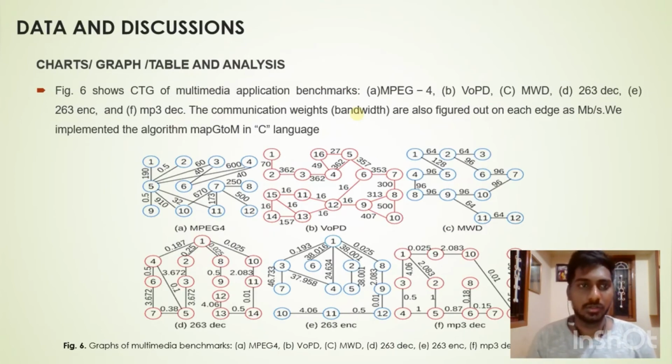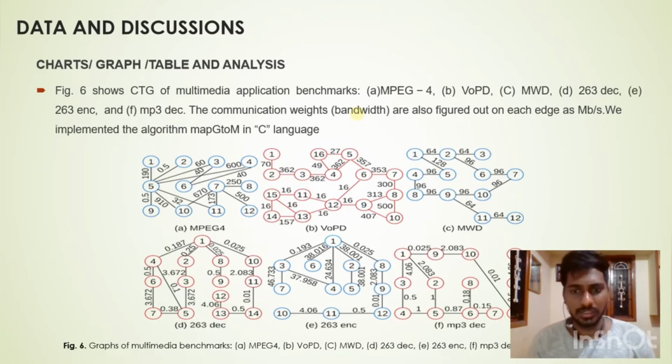The data they have given recommend that map G2M is very much energy efficient, and map G2M is implemented in C language, so that the energy consumption can be dropped down much more, right?